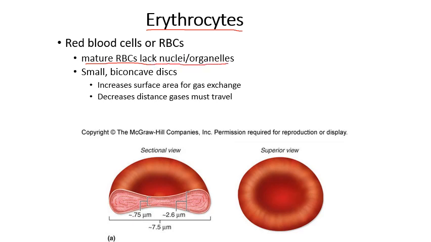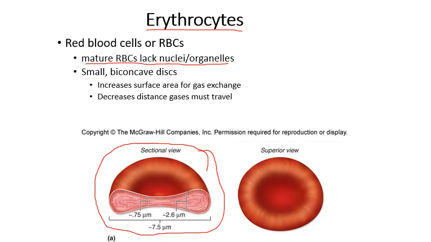You can think of them this way because the function of these cells is basically to carry oxygen. And how do we carry our oxygen? With the protein hemoglobin. So these are basically big bags of hemoglobin to carry oxygen.